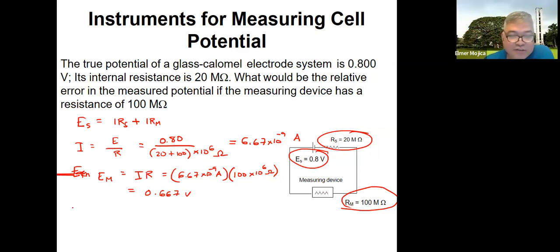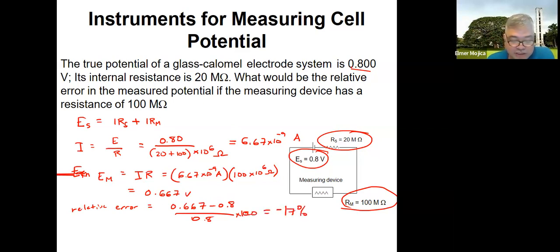So what's the relative error? The reading is 0.667, right, and the true value is 0.8. So the relative error is 0.667 minus 0.8 over 0.8. That's a negative, right? Times 100. So there's a negative 17% error.